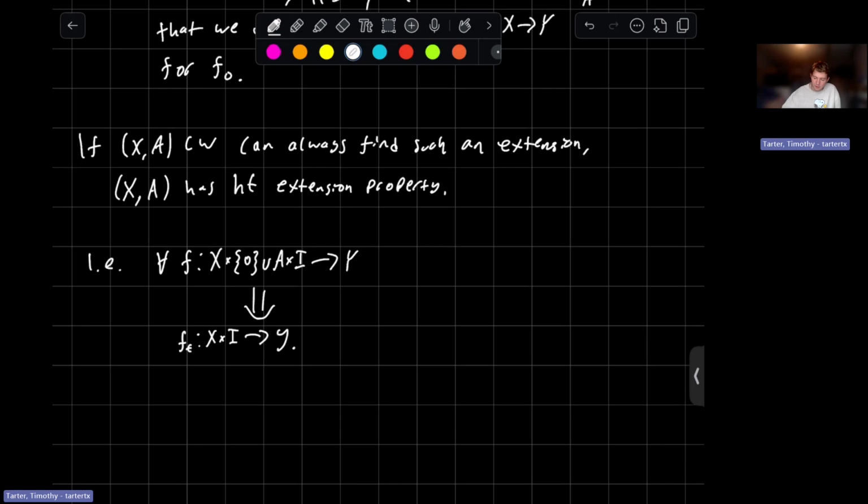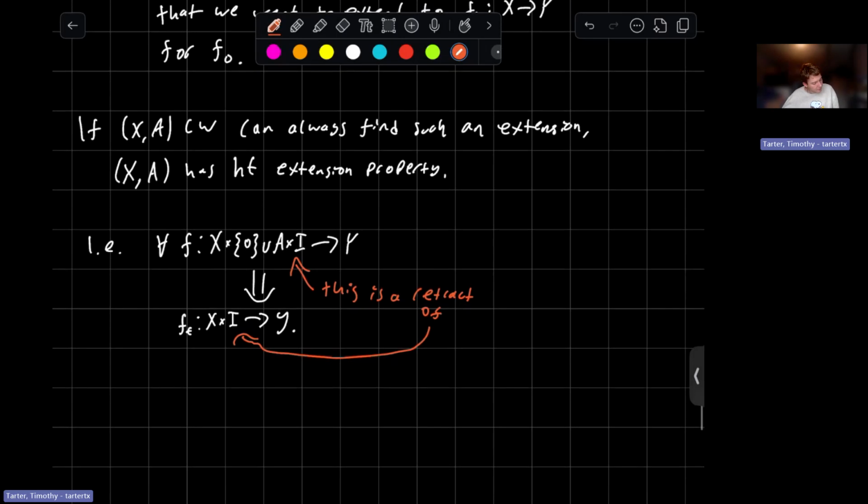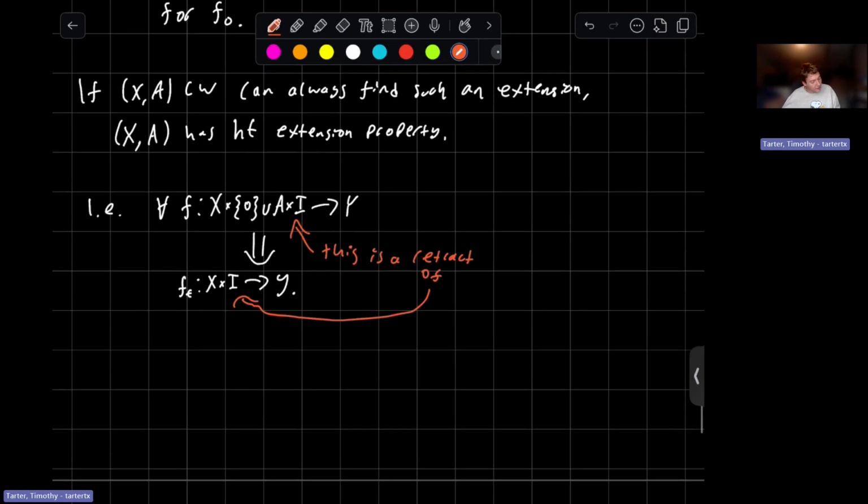And so this is a retract of this within X. The converse is also true.